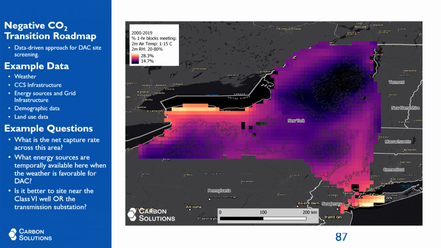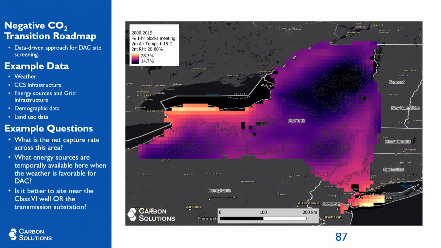If your DAC technology preferred temperatures between 1 and 15 C and relative humidity around 28%, this would be your sweet spot where you might want to look if you were deploying in New York. In that range, which we just used for this hypothetical example, only 28% of the hours of that 20-year period were in that range.